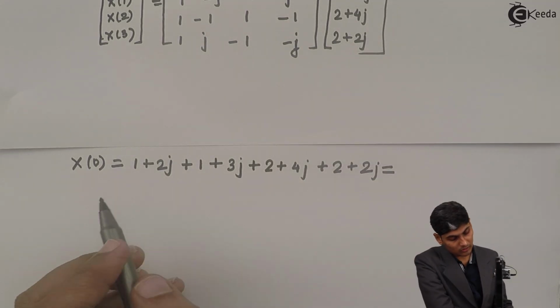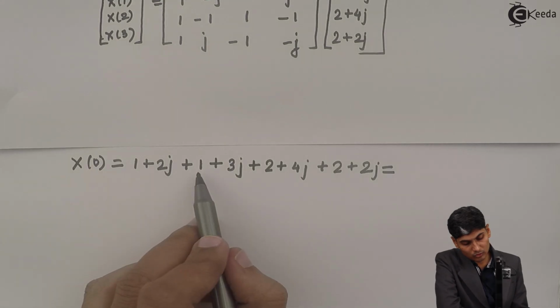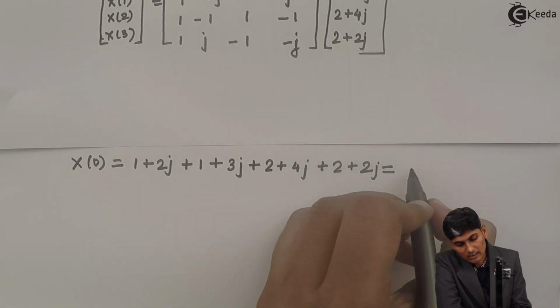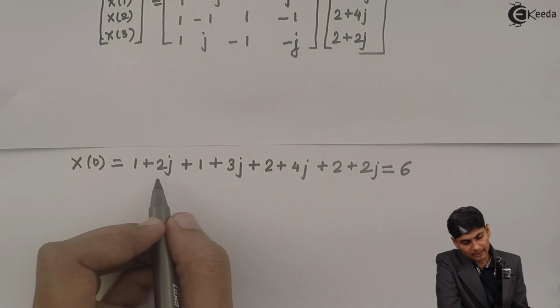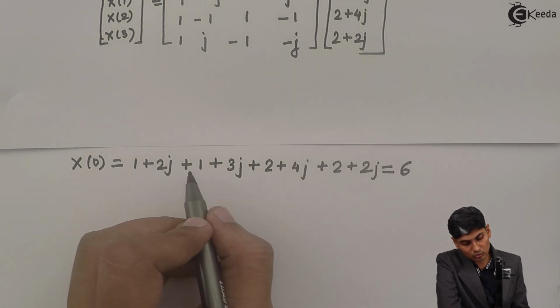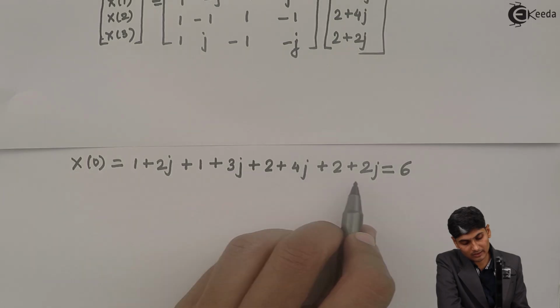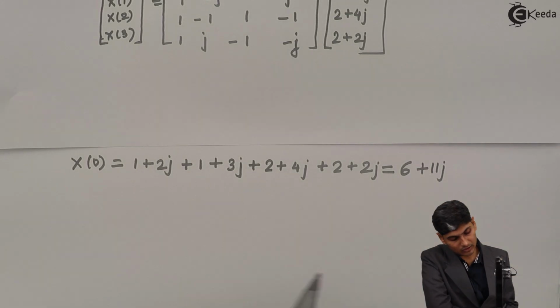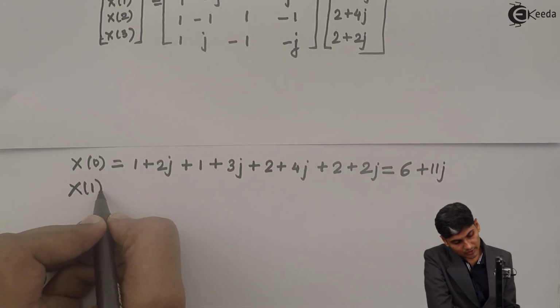So that comes out 1 plus 1 is 2, 2 plus 2 is 4, 4 plus 2 is 6, and with the j elements 2 plus 3 is 5, 5 plus 6 is 11. So I'll get plus 11j.